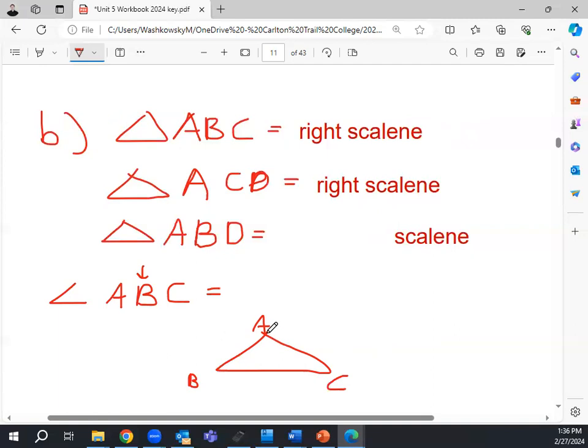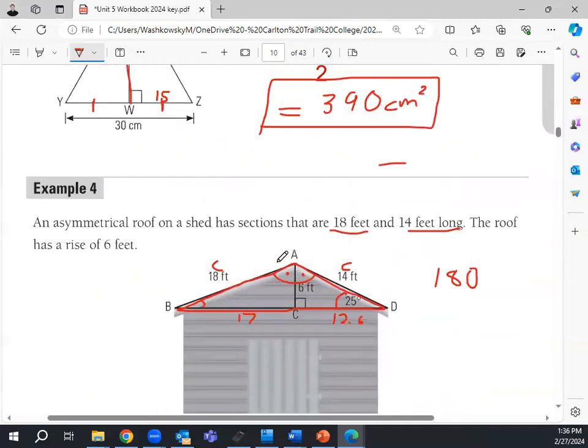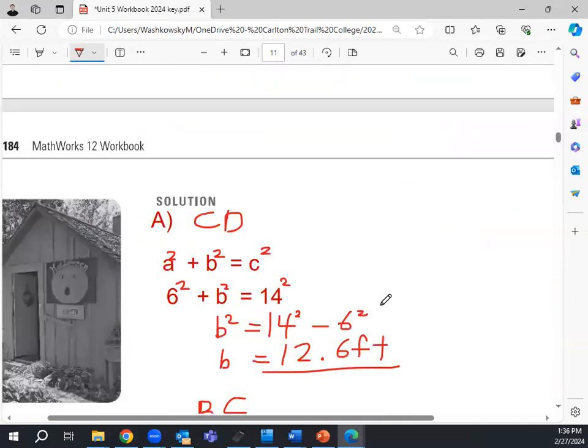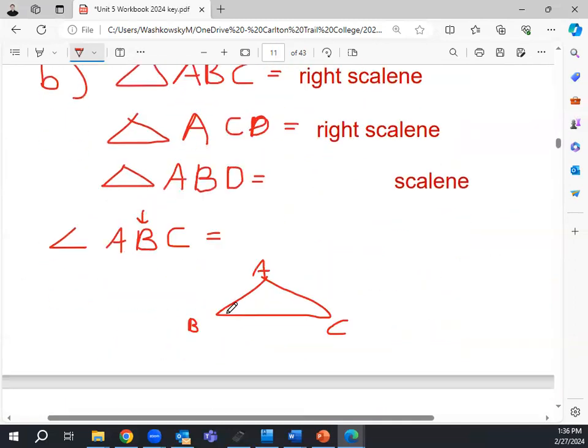Because sometimes if I ask you for angle A, that's asking for the whole thing. If I'm asking for angle DAC, it's only asking for this part, for example. So when I'm asking for angle ABC, it's asking for this whole thing. Okay, so I just want to make sure we understood that.